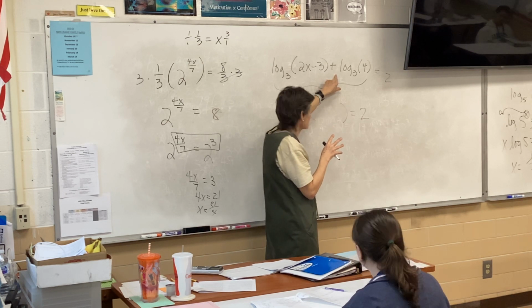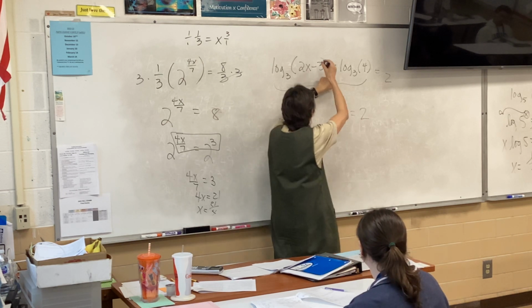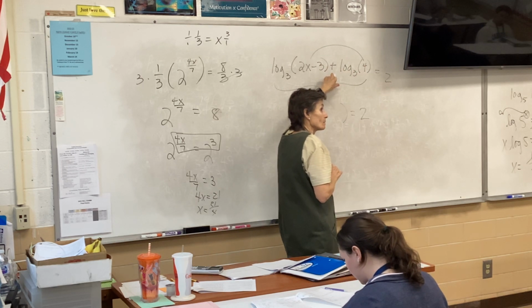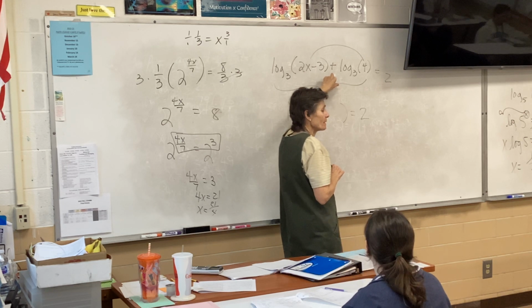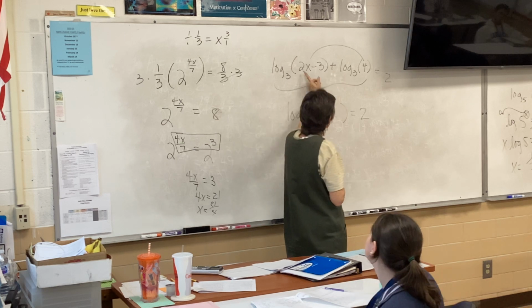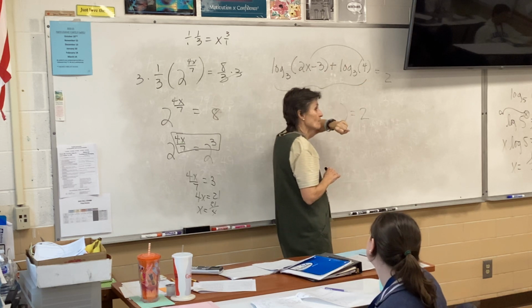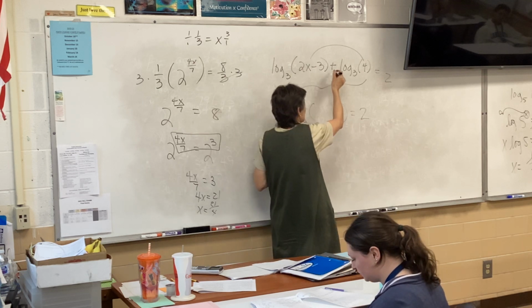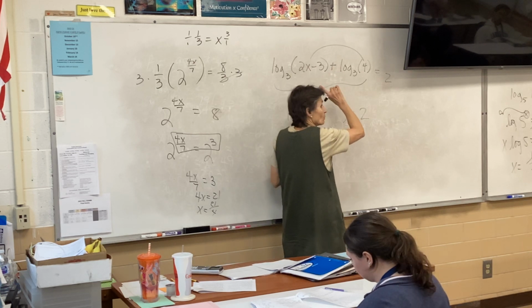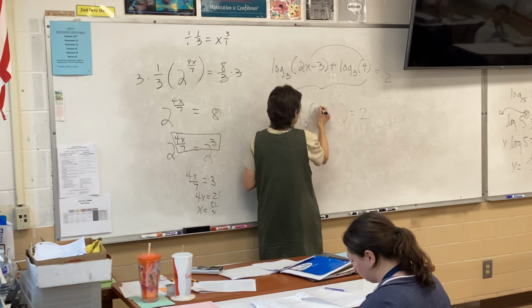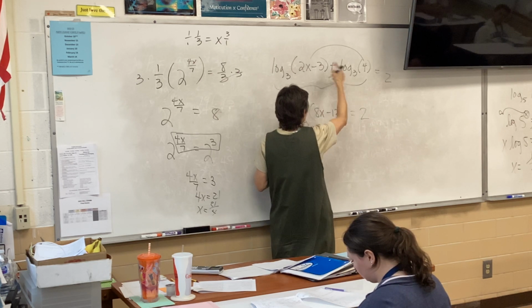Pay attention to this sign right here, because this tells you how to combine them. Quinn, since that's a plus, what am I going to do with these two parentheses? Multiply. When we put them together, we're always going to either multiply or divide. Since that's a plus, I'm going to multiply. If it were a minus, I would divide. So 8x minus 12, that's a distribute.